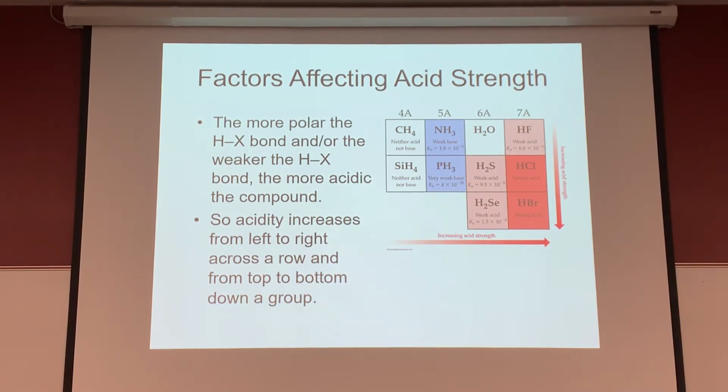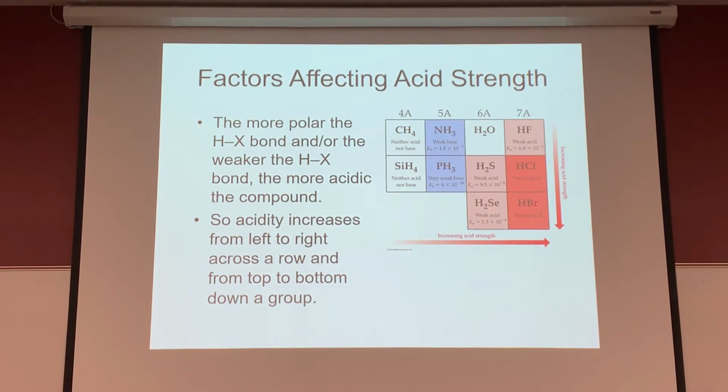For this one, even though the electronegativity difference is greater here with the HF compared to the HCl, think about numbers of electrons. Which one's going to have the largest London dispersion force, the HF or the HBr?